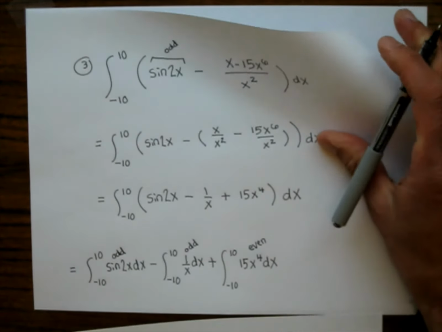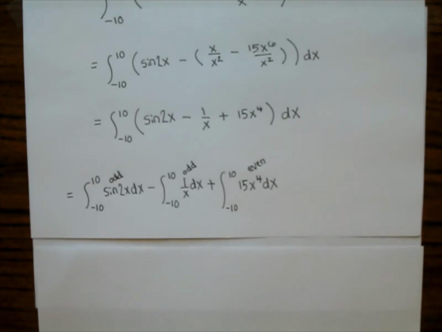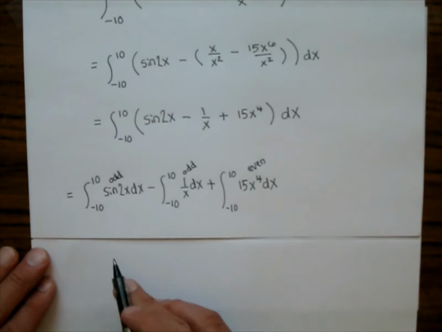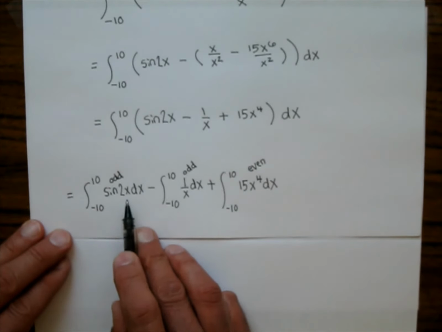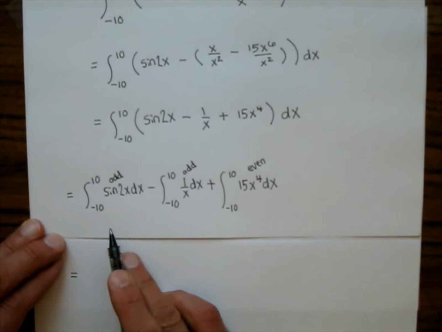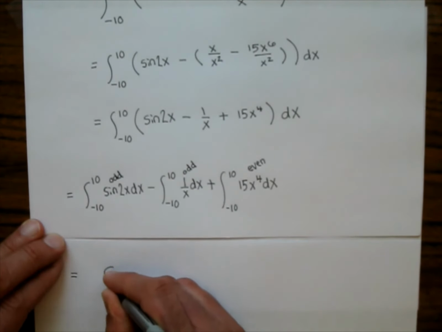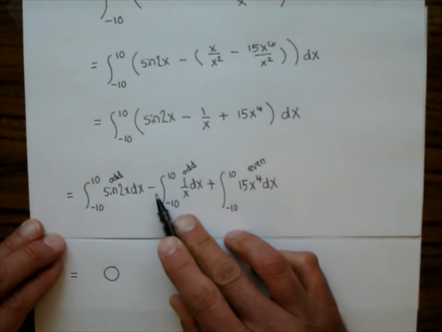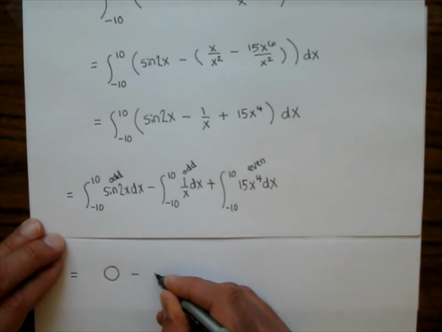So let's use some properties of integrals here. Oh, by the way, if you went to integrate sine 2x, find the antiderivative of that, we do not have the skills right now to do that. This would require a u substitution, and we'll get into that later in this chapter. So the integral from -10 to 10 of an odd function is 0. The integral from -10 to 10 of this odd function is also 0.